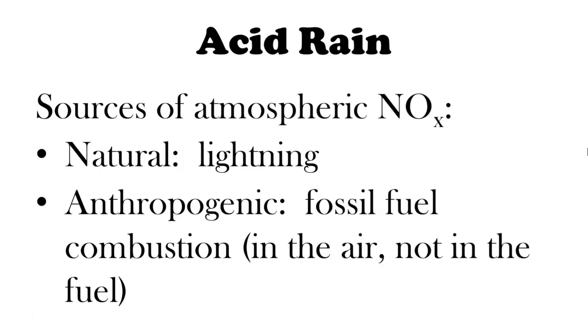The sulfur dioxide, through a set of complex photochemical reactions, is actually converted to sulfuric acid as it reacts with water and oxygen in the atmosphere, and the NOx molecules are likewise converted to nitric acid. So it's the sulfuric acid and the nitric acid that actually cause that significant drop from 5.6 to between 1 and 3 on the pH scale, which is what causes your acid rain.